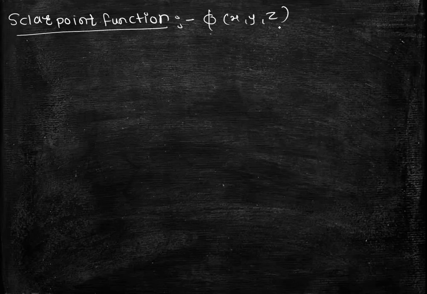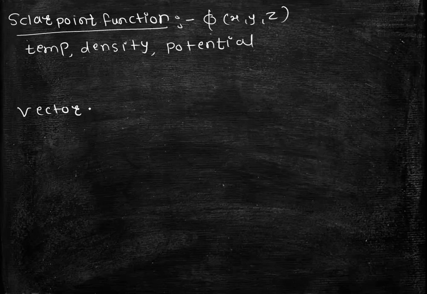Examples of the scalar point function are temperature, density, potential. Now next is the vector point function.